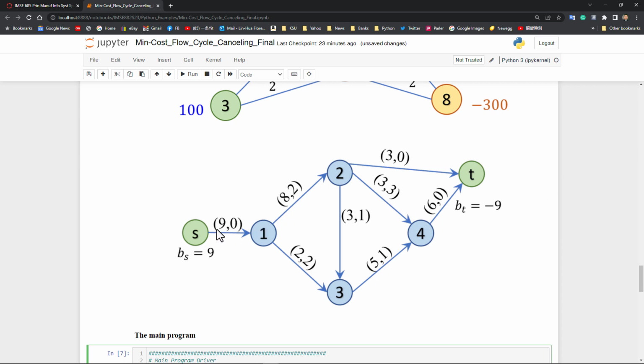So total supply is 9, total demand is 9 as well. So we're going to start solving this problem.